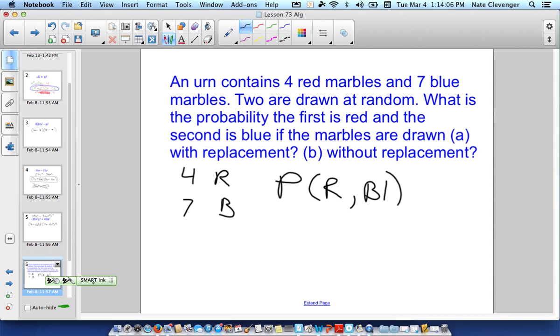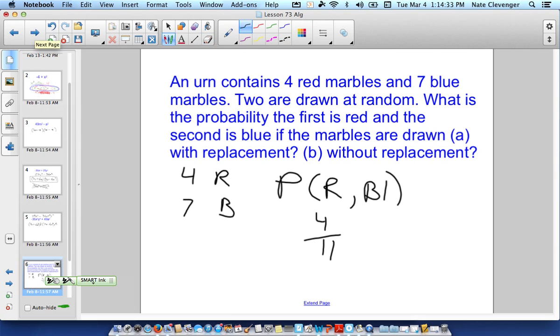Okay, so what's the probability of getting a red the first draw? Ethan. 1 out of 11. How many reds are there? 4. 4 11ths. And then, what is the probability that the first is red and the second is blue, if we replace that, put that back in?